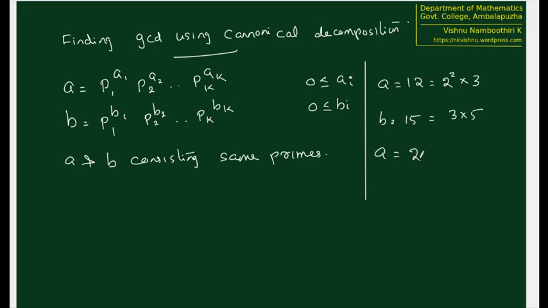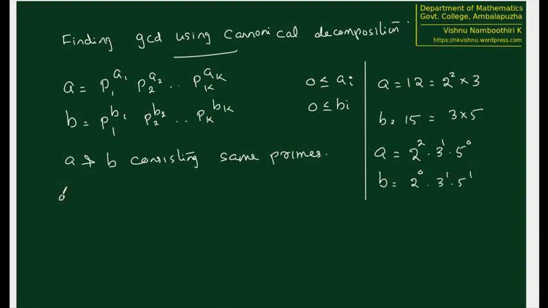So we will write A is equal to 2 square, 3 raised to 1, into 5 to the power 0. Whatever prime is there in B and not in A, we will just put that prime to the power 0. Similarly in B, there is no prime 2 factor, therefore we will write 2 to the power 0, 3 to the power 1, 5 to the power 1.